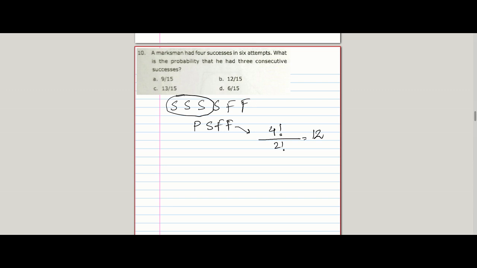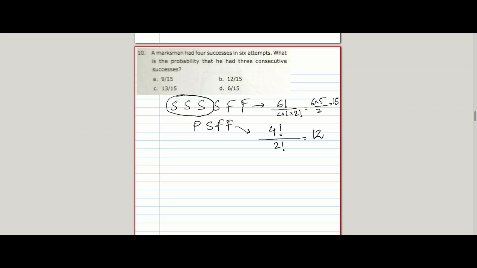And what is the total number of arrangements we can make? Total, without any restriction, it's 6 factorial divided by 4 factorial into 2 factorial, right? So 6 into 5 divided by 2, it's 15. But for this one, the problem is it also counts 4 successes together.